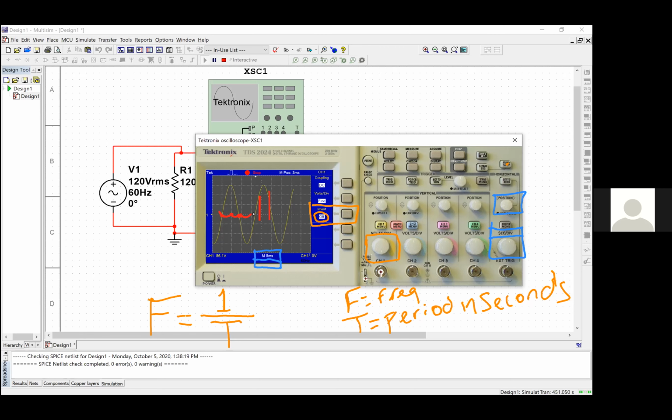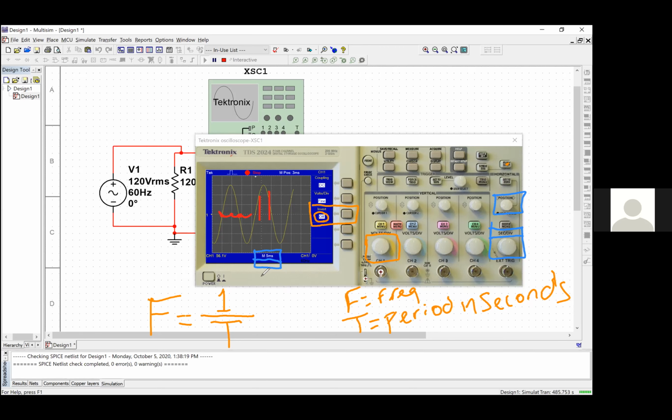In order to measure a sine wave, we have to count 1 full positive pulse and 1 full negative pulse, in other words, 1 cycle. Because what is it that we measure when we have frequency? The amount of cycles. So 1 cycle is 1 full positive and 1 full negative.